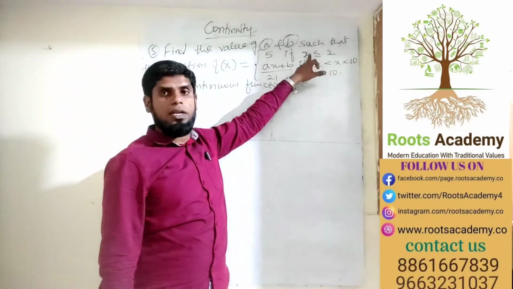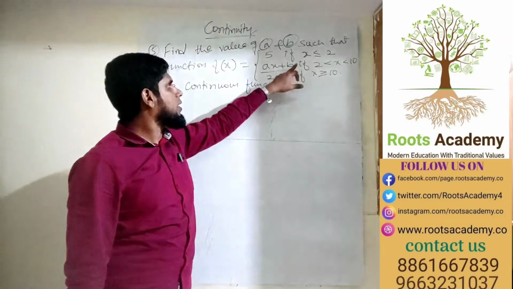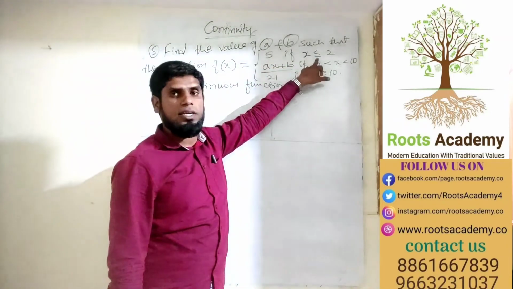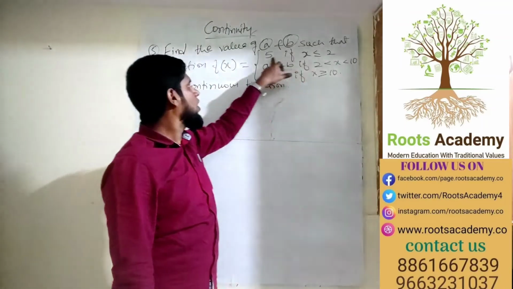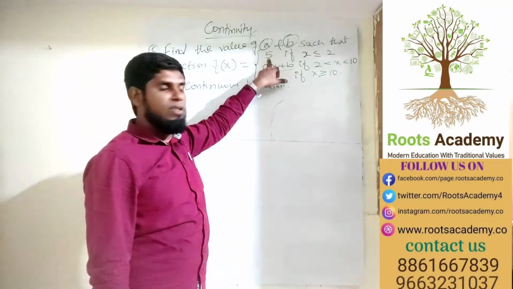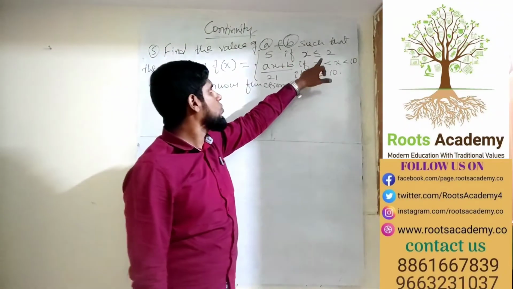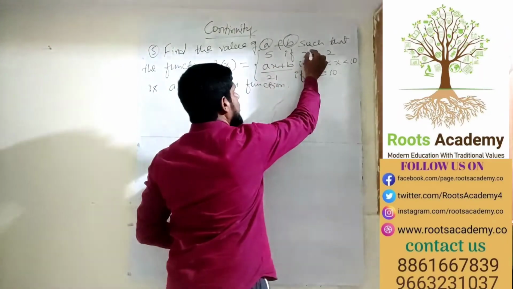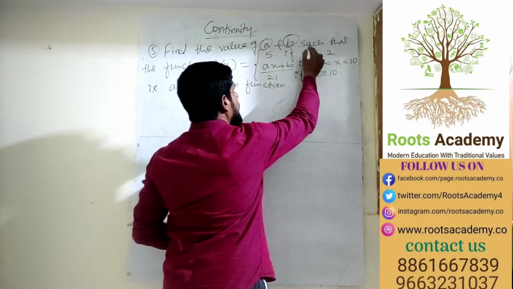When x is equal to 2, the value of the function is 5, because we can easily see x equals 2 and the function is 5. When the value of x is less than 2, the function value is 5.